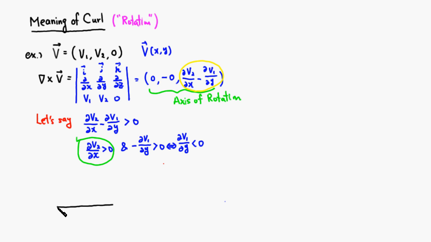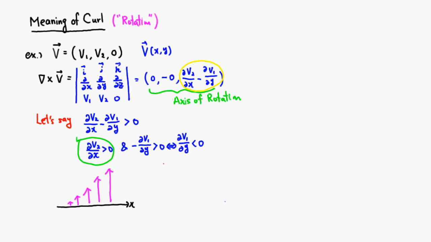If that's positive, as you walk along the x-axis, the y component is going to get larger. This is my visual image of partial of v2, the y component, with respect to x. That being positive means the flow is getting stronger and stronger.